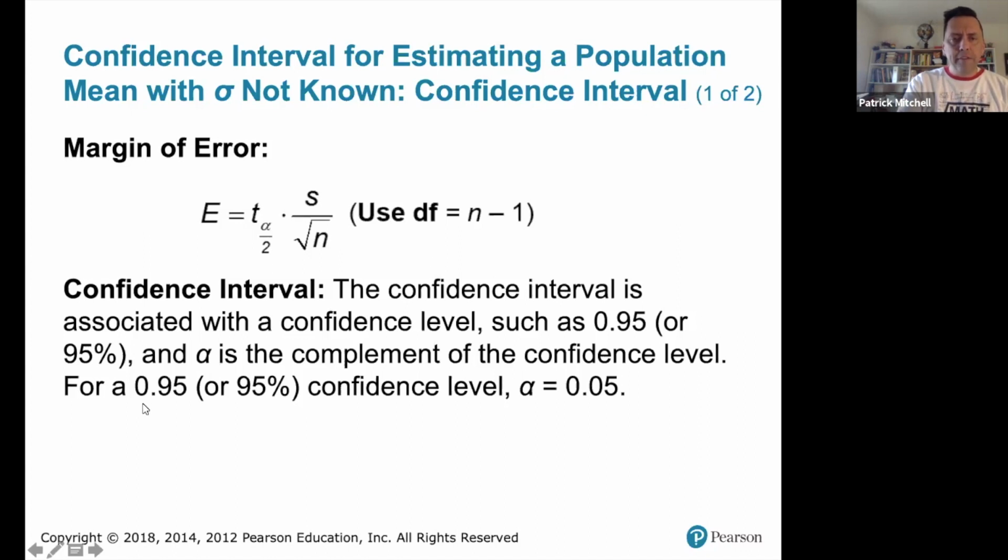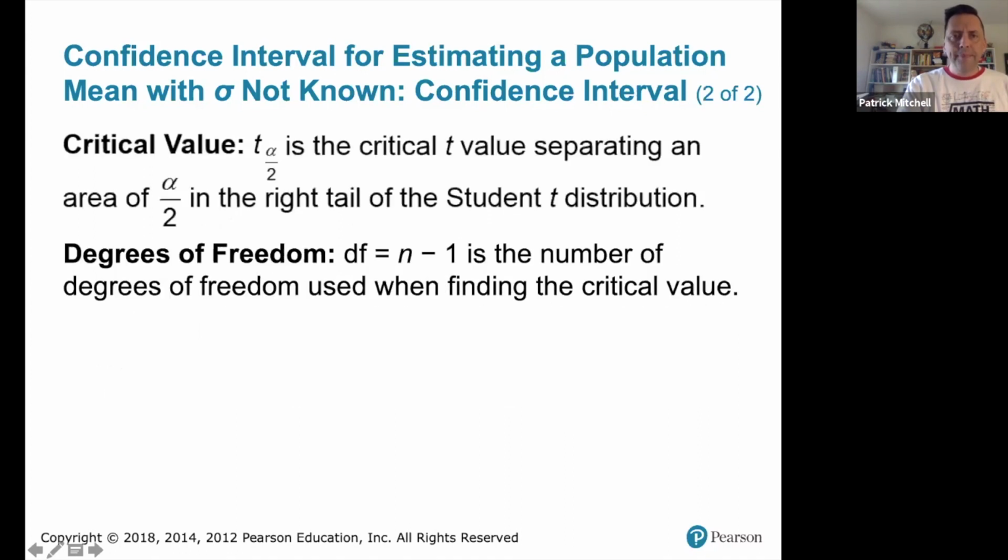So for example, if your confidence level is 0.95, then alpha is 0.05. 0.95, you'll remember from the last section, represents area under the normal curve in the middle of the normal curve between your two critical values. So the 0.05 would represent the area outside those critical values.